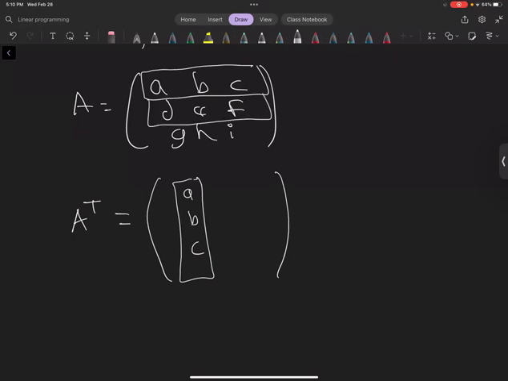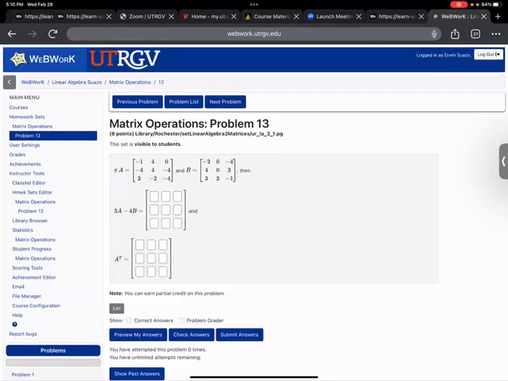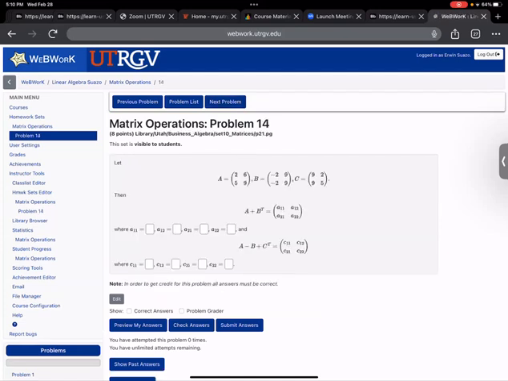Now I have d, e, f. And I have g, h, i. Okay. So that's the transpose of A. So you have that operation over here, and probably you have more of those. Transpose, it's just operations.